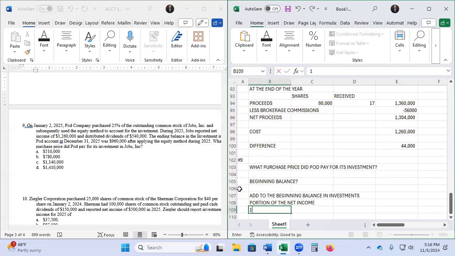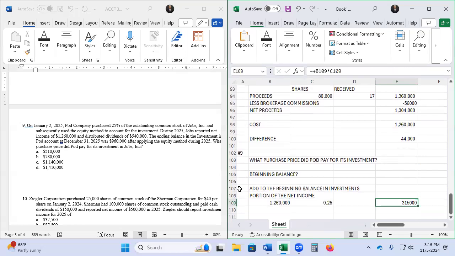So it says 1,260,000, and we bought 0.25%. So that's going to increase it by 315,000.